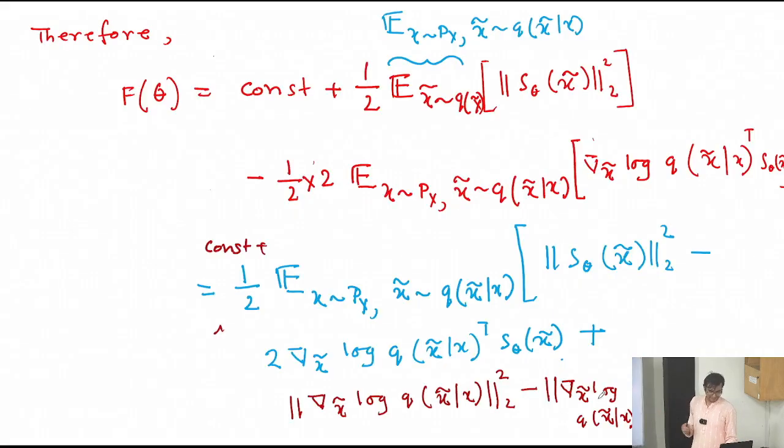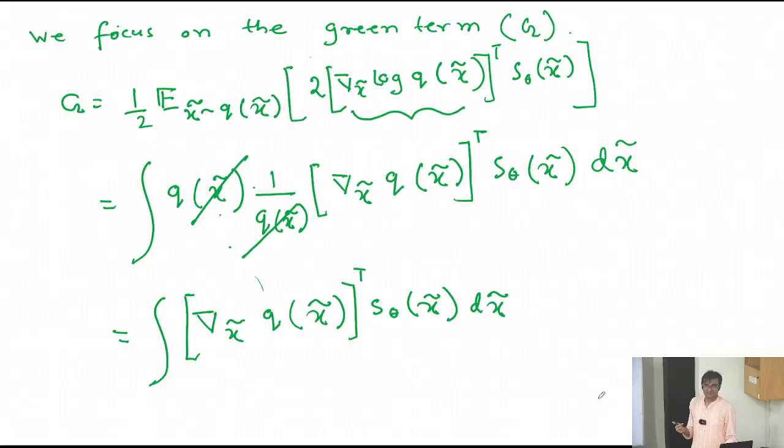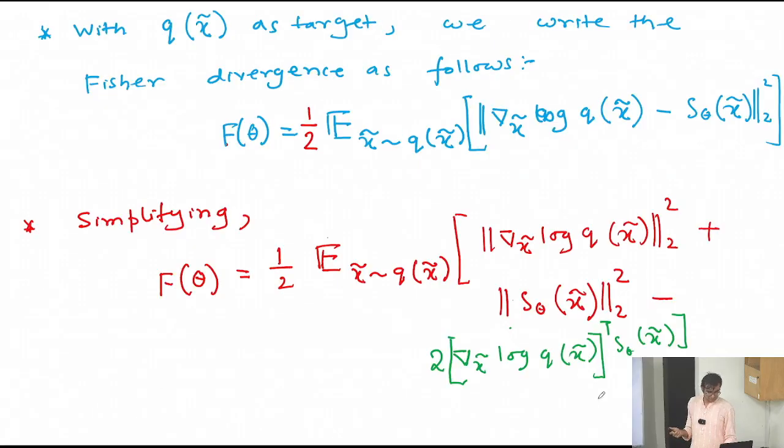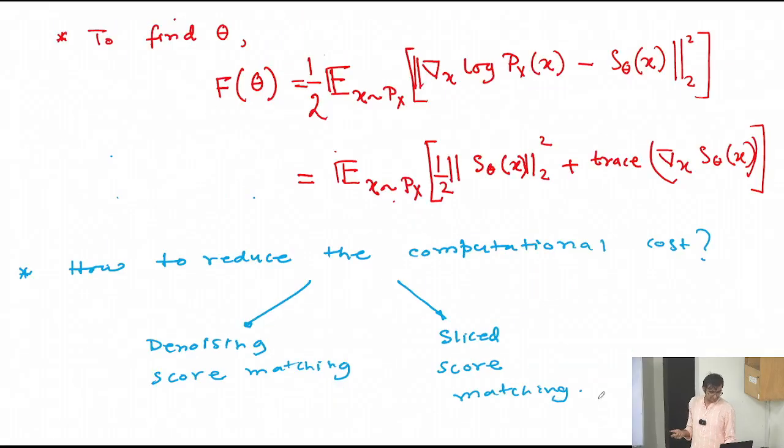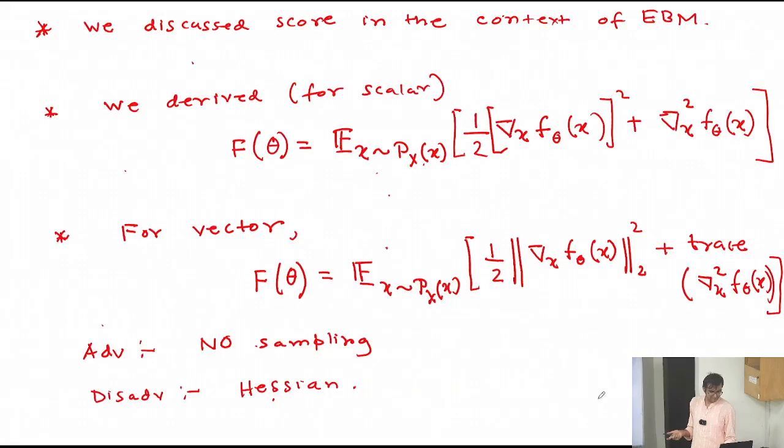Let us go back. Look into this expression. There was gradient of x square f theta x. Gradient of x f theta is s theta, right? And that term had gradient of x f theta, square of that.